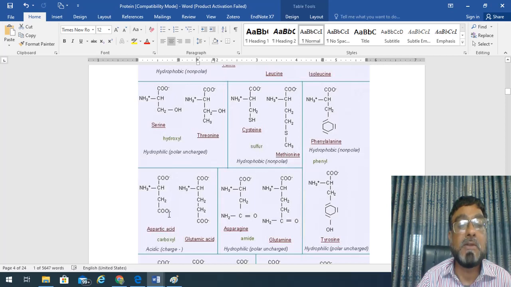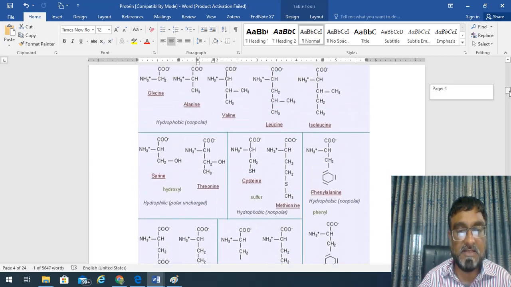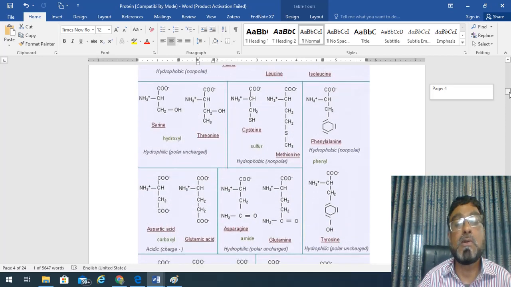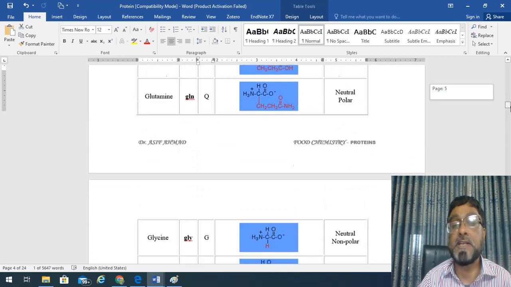Comparing the polarity, COO is imparting more polar nature as compared to OH. This is an alcohol group, this is an acid group. So the acid group has more polarity as compared to the alcohol group. Both have polar ends, but aspartic acid will be more polar as compared to serine or threonine.